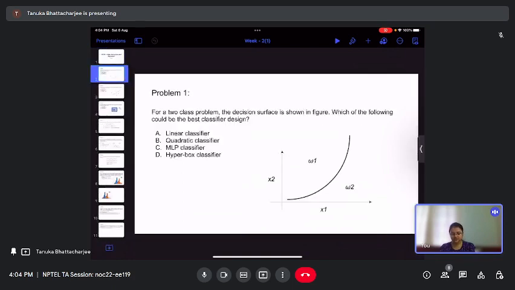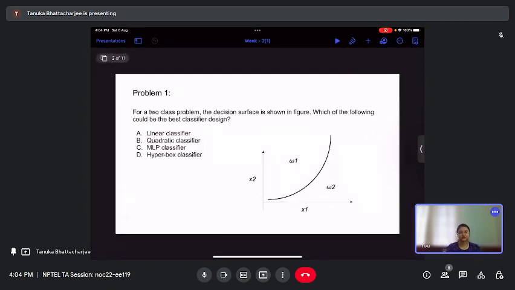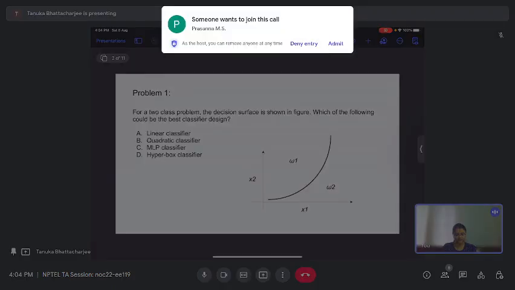First, we have some general questions about classifiers. The first problem says, for a 2-class problem, the decision surface is shown in the figure here. Which of the following could be the best classifier design? As you can see, the feature vector is 2-dimensional.